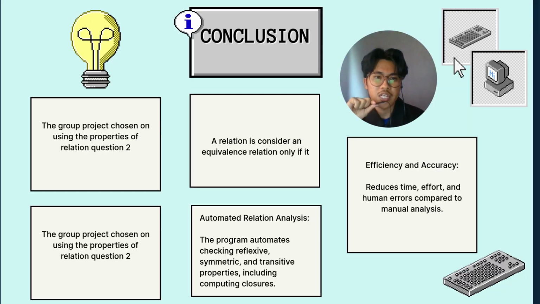Compared to manual analysis, the program reduces time and effort and minimizes human errors. So, this project shows how automation can simplify relation analysis and make it more reliable for both academic and practical applications. Thank you. This is for conclusion.